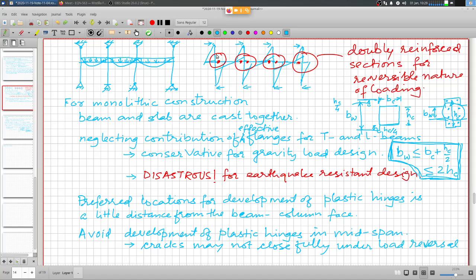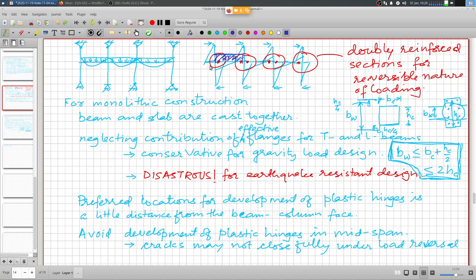So the shear force due to earthquake is going to be constant. So this is the shear force diagram because of the earthquake effects in the beam.